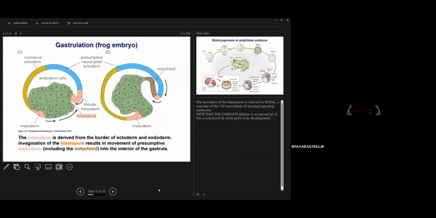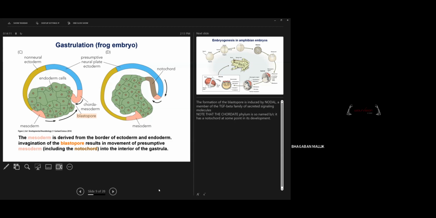Now this is again showing the same thing, the structure of a frog embryo, and how the cells migrate to form three distinct germ layers, as I mentioned: the ectoderm, endoderm, and mesoderm. Here you have the dorsal blastopore lip. The future neural plate or neural cells differentiate from here.